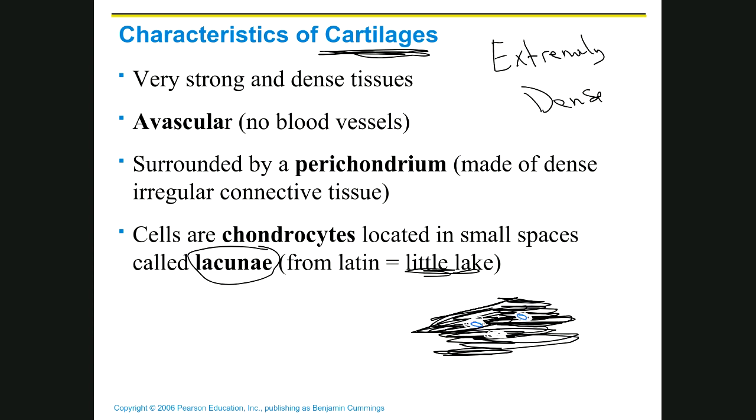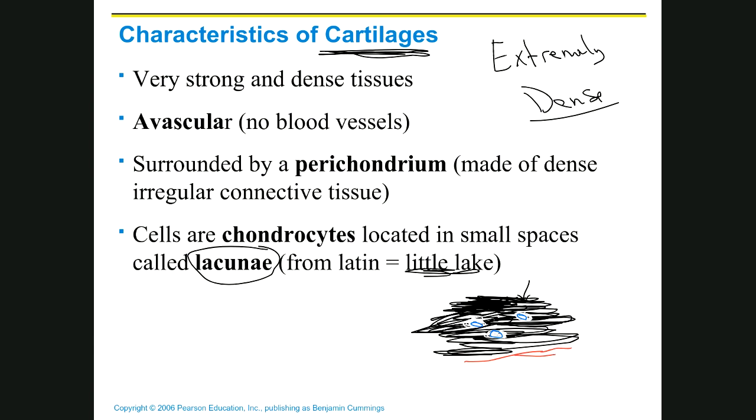And then we're going to have fibers, and the fibers are, again, packed together like crazy because it's dense. So these are the fibers out here, and they're so densely packed that sometimes they're hard to see. It just looks solid. Another thing about cartilages is they have no blood vessels. There's not a single blood vessel in cartilage.